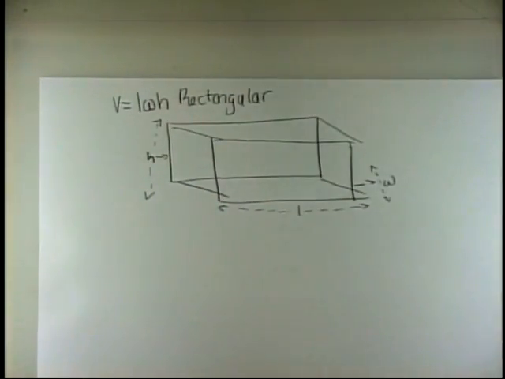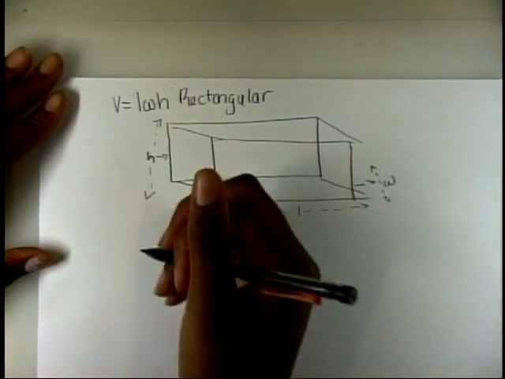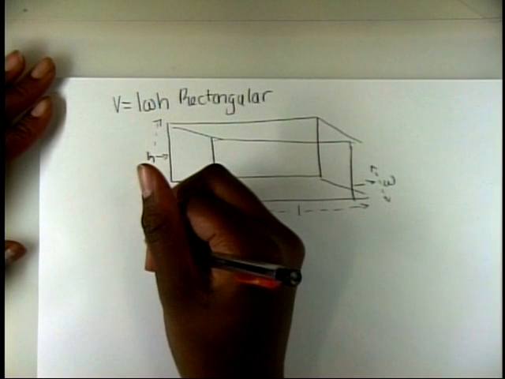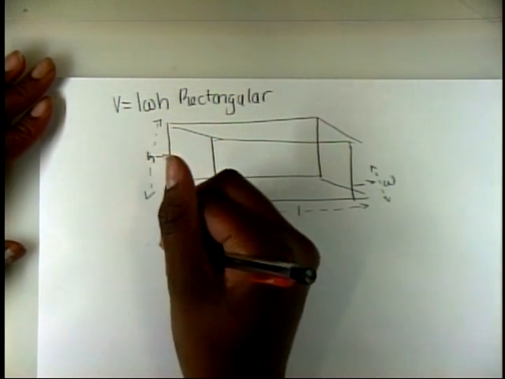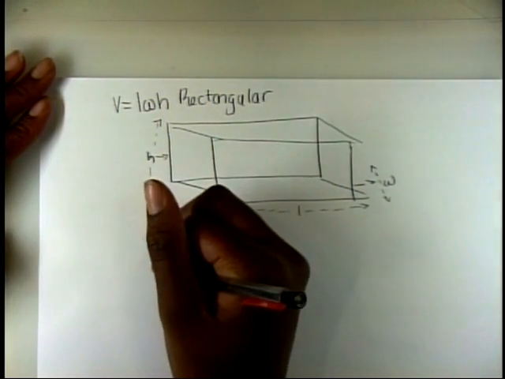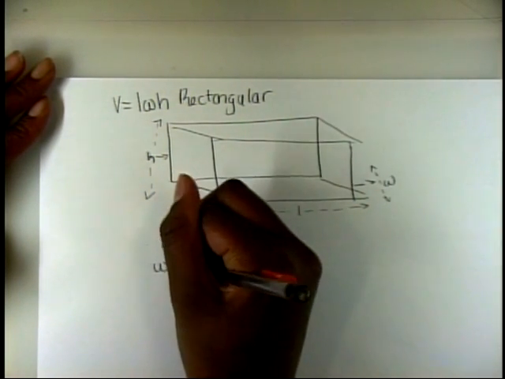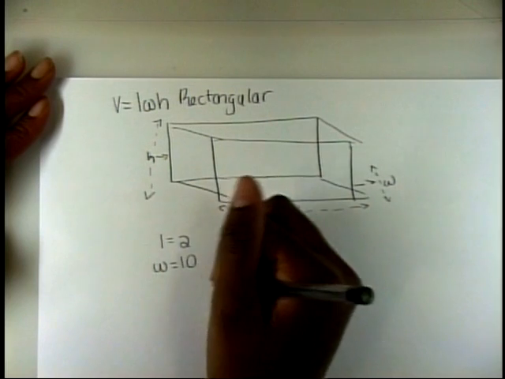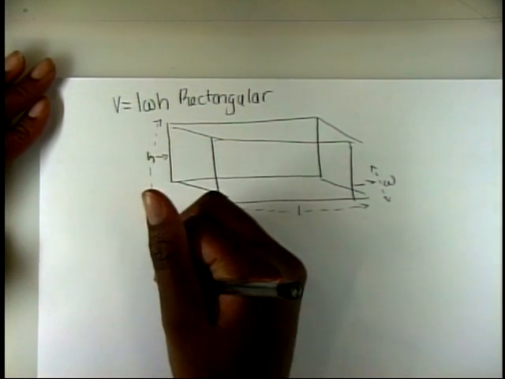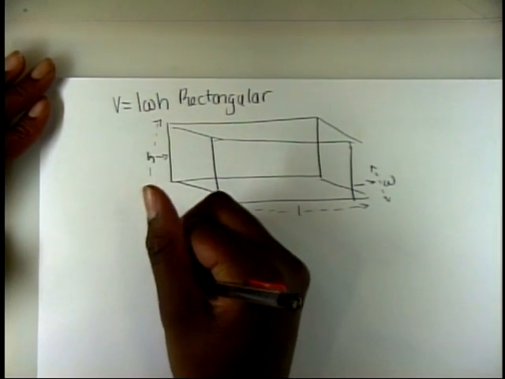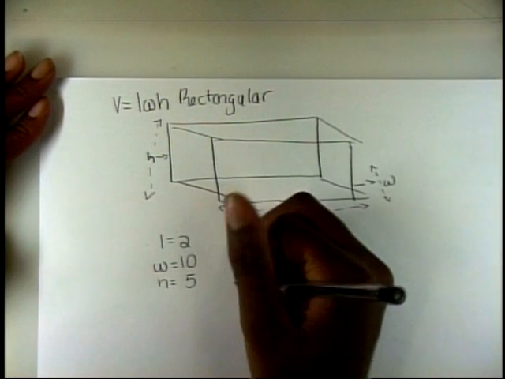So finding the volume of this particular rectangular, I will have 2 for the length. Width will be 10. And my height will be 5.